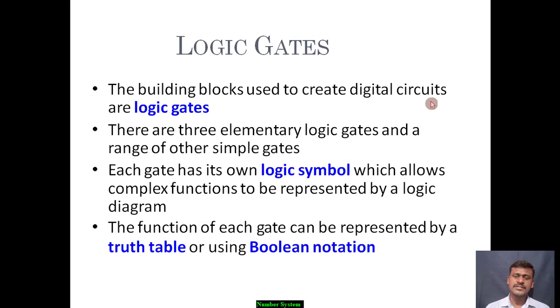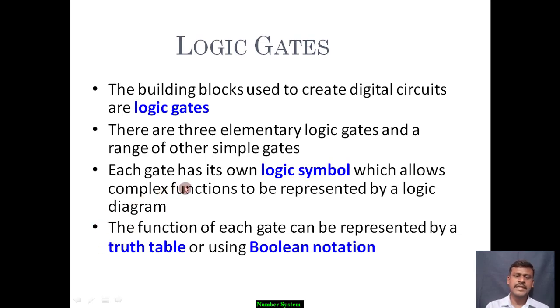Those states need to be represented using logic gates. Next, there are 3 elementary logic gates and a range of other simple gates. We have 3 elementary logic gates, that is AND gate, OR gate and NOT gate. And using these elementary logic gates we can build some other gates also, right?